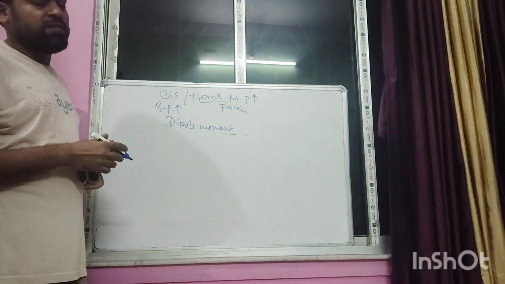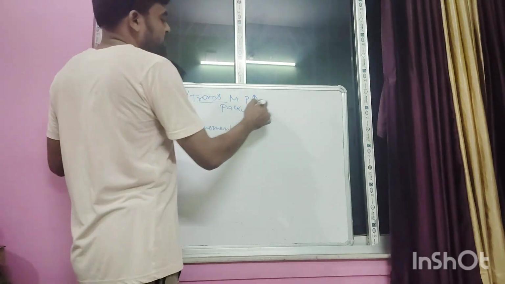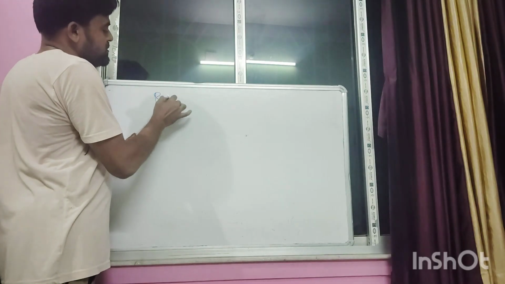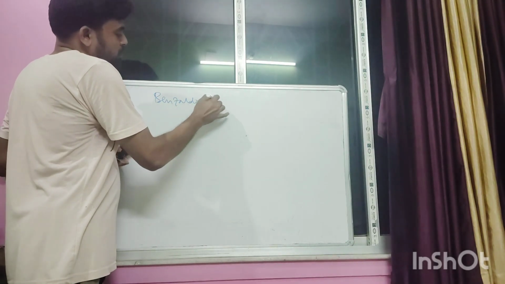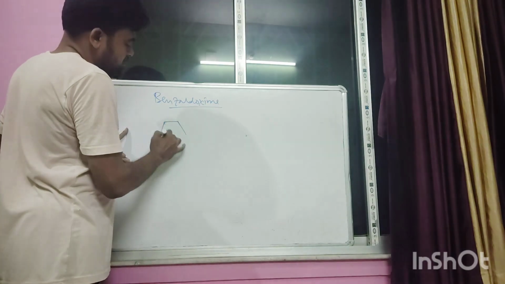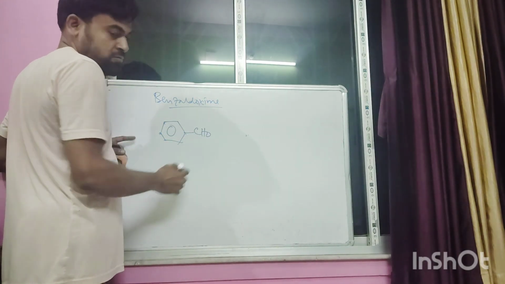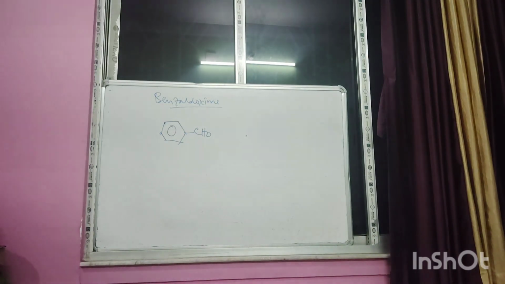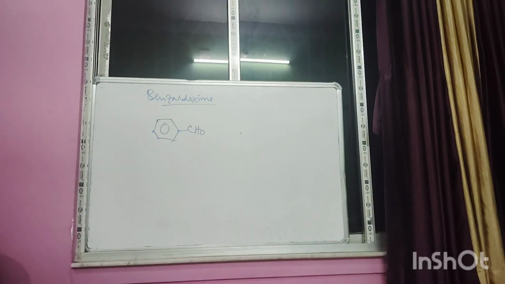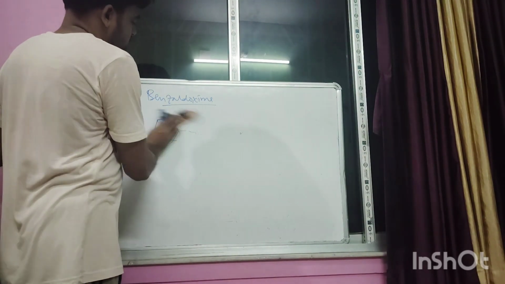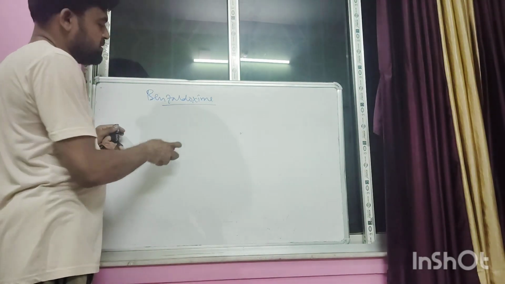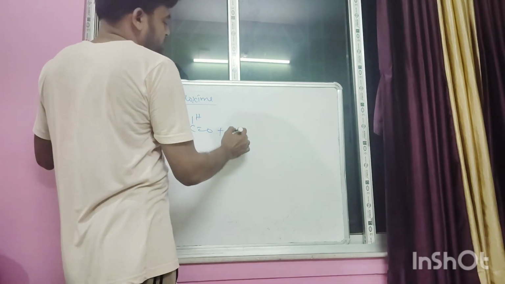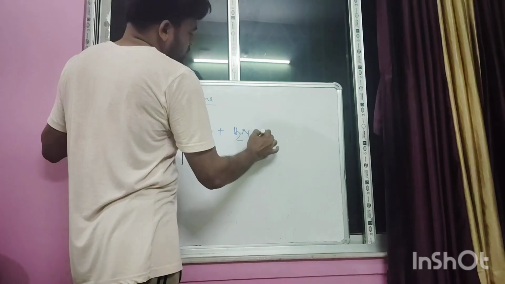Here for syn and anti isomers, in the case of syn, for example benzaldoxime, that is benzaldehyde, when benzaldehyde CHO reacts with hydroxylamine, NH2OH.